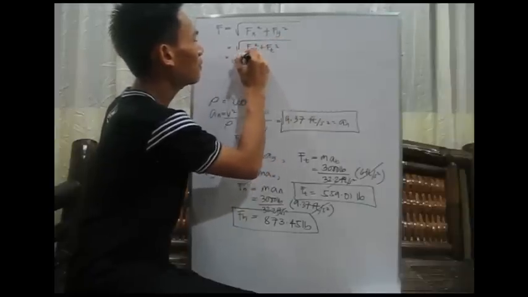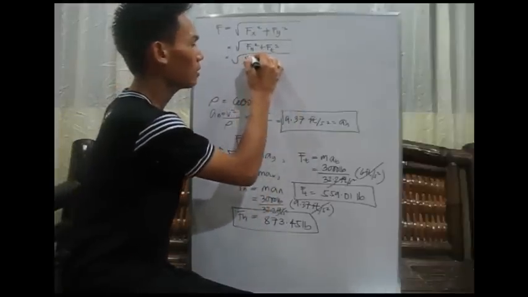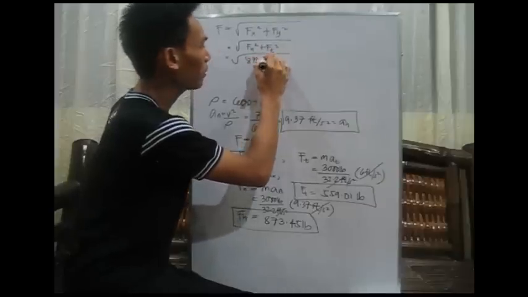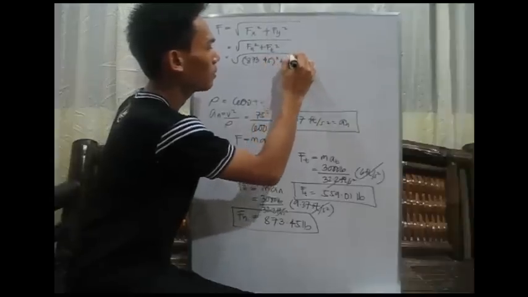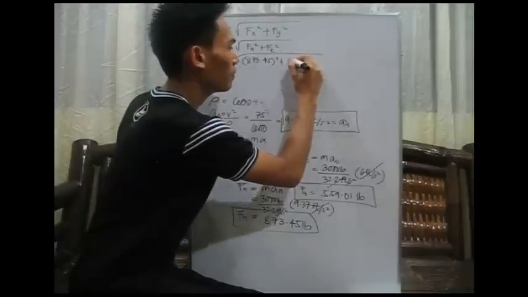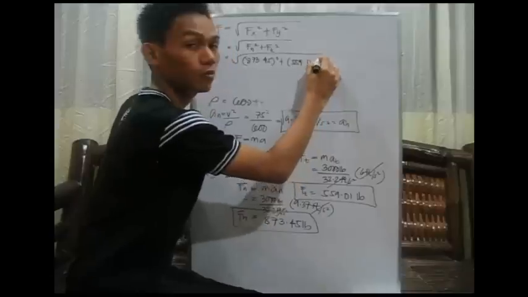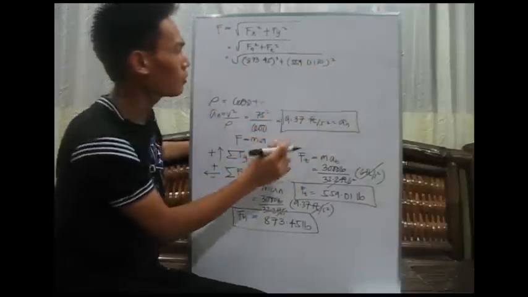The value of Fn is 873.45 squared plus our value of Ft, which is 559.01 lb squared.